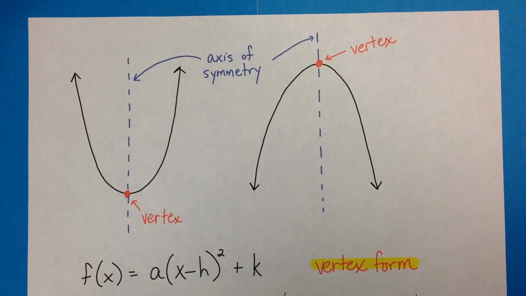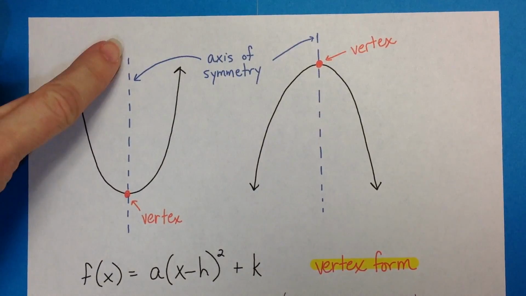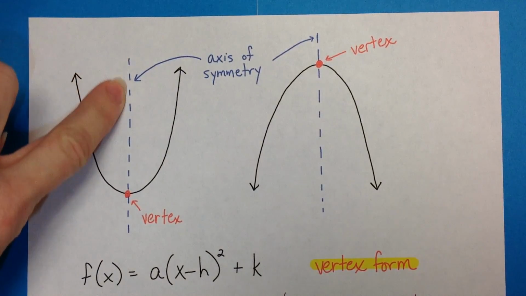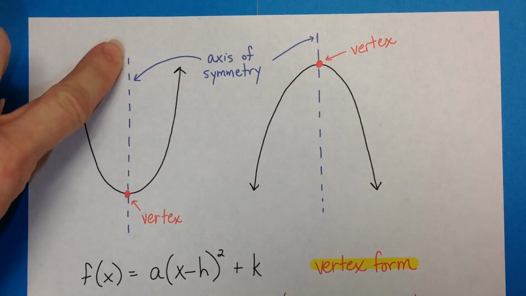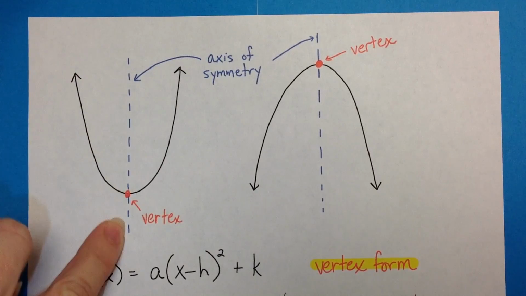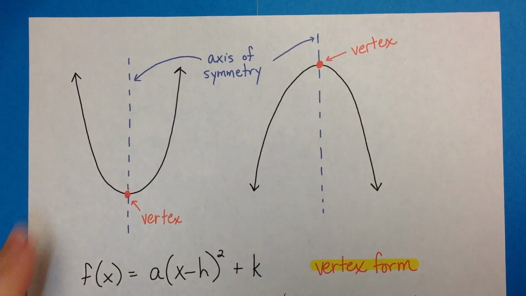It's an imaginary vertical line, just dotted in, but if you notice in each of these situations, this vertical line goes down through the vertex. So the axis of symmetry always goes through the vertex in both situations. What that does is it actually cuts your parabola in half, so the left side and the right side would always be mirror images of each other, and that's going to help us in graphing these in a little bit.